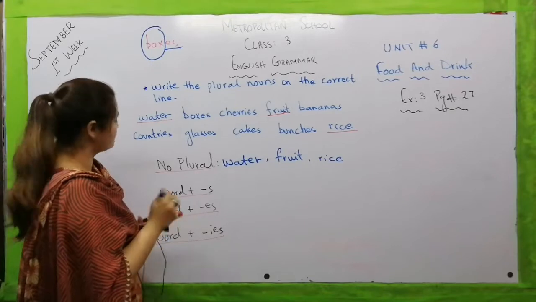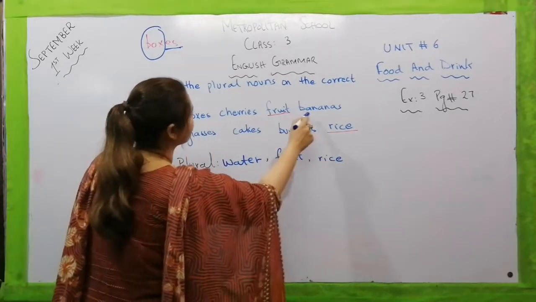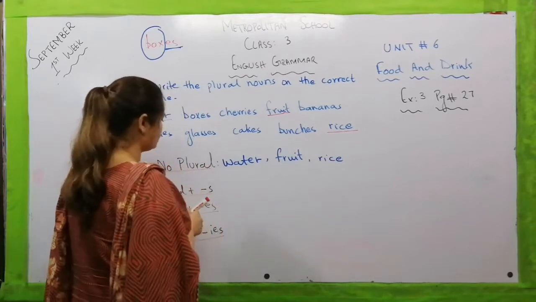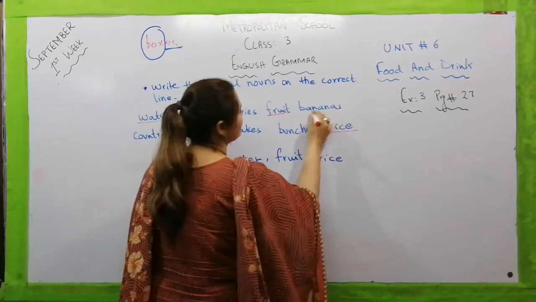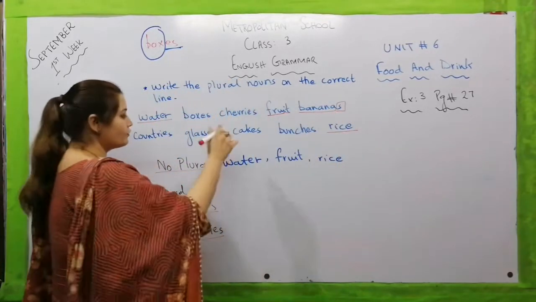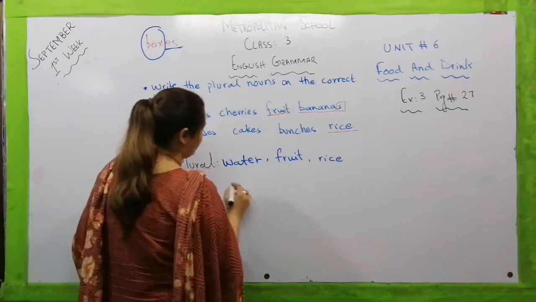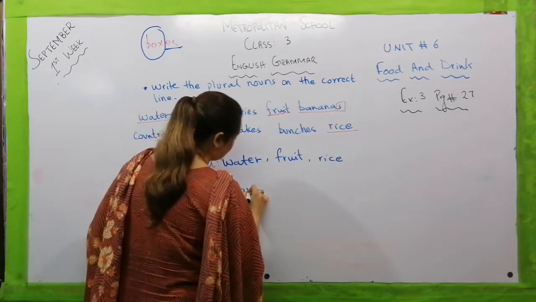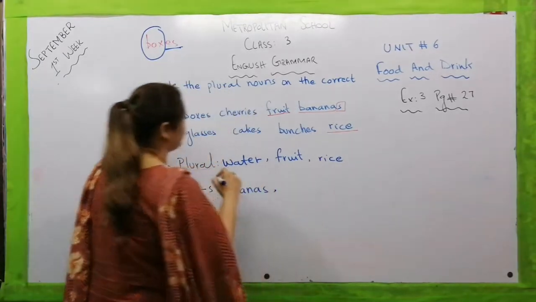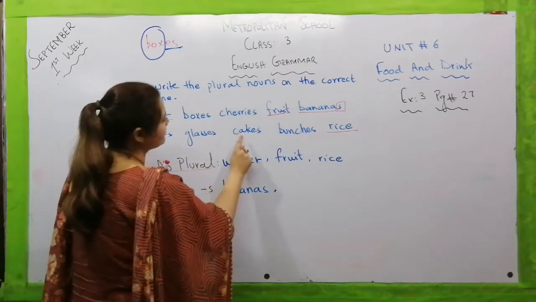Now let's continue the work. Boxes, cherries, bananas. This banana has s in the end. So we are going to write this word in this group, word plus s. We are going to write bananas here. Now let's move towards the next word. Countries, glasses, cakes.